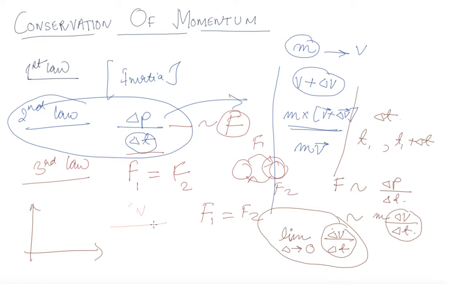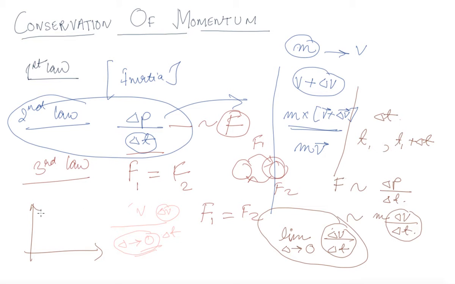Now there is a small change in your speed, a very minute change in your speed, say del v, for a small time interval, del t. Now this del t tends to 0. Now what does this mean? Tends to 0 means we are taking a very small interval.